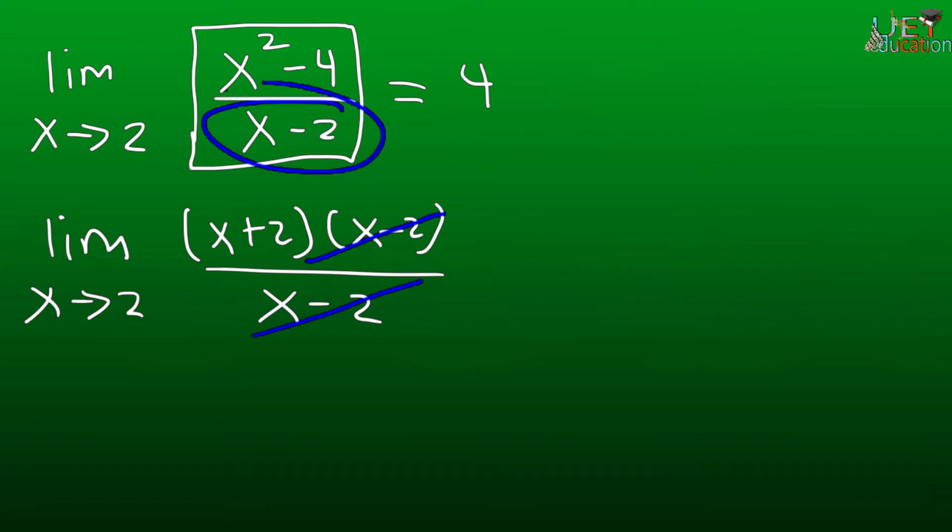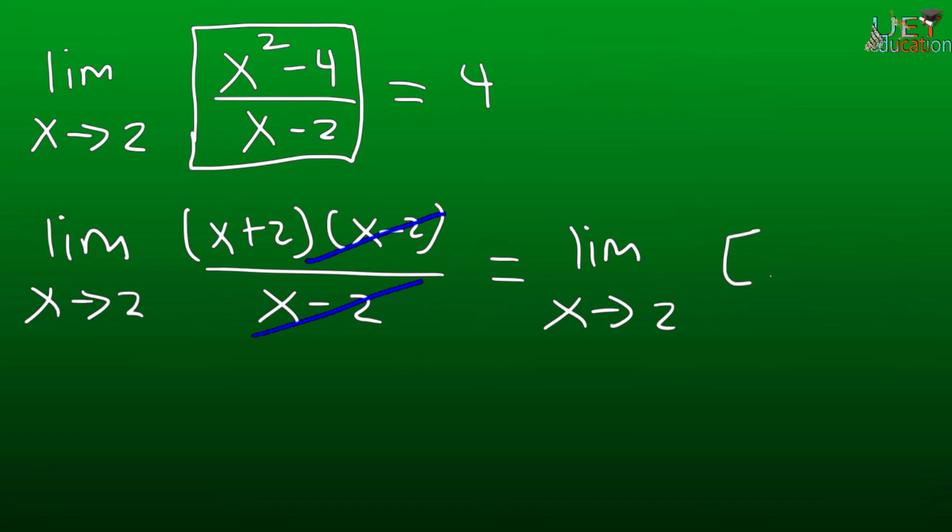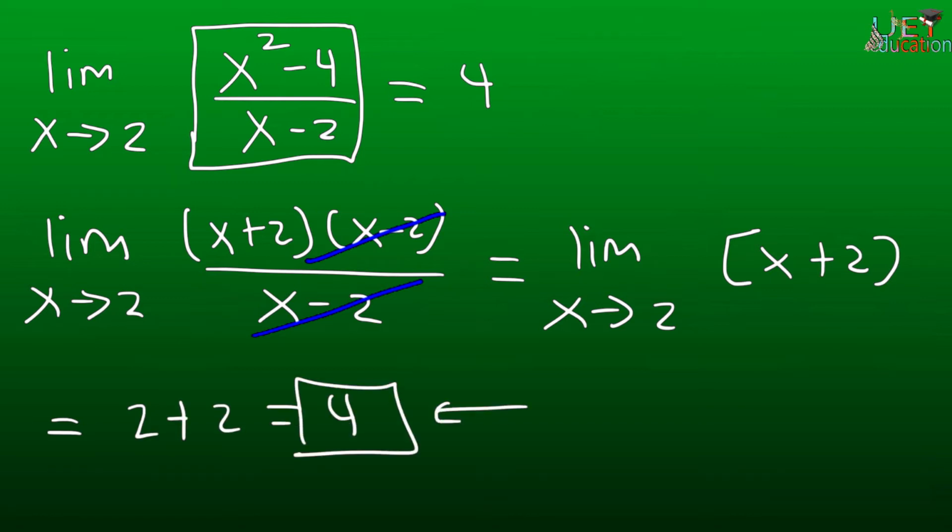So when this term is gone, we can now use direct substitution because the x minus 2 factor was giving us a 0 in the denominator, which we don't want. So now all we need to do is find the limit as x approaches 2 of x plus 2. Now we can replace x with 2, and 2 plus 2 is 4. And so that's the limit. It approaches a value of 4.